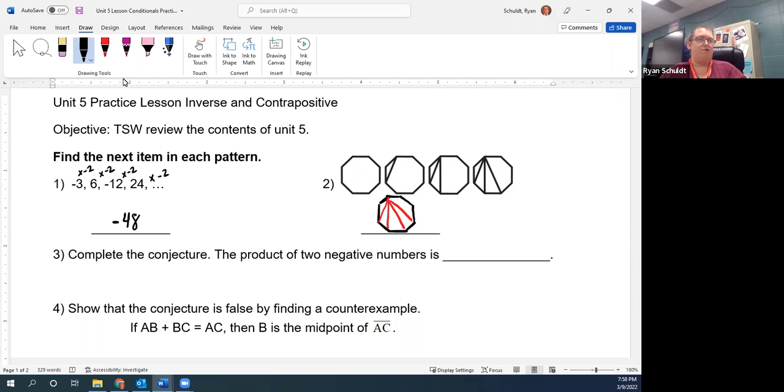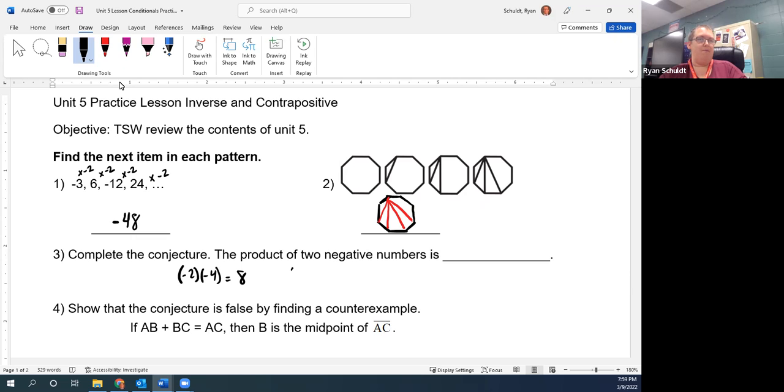Okay, complete the conjecture. The product of two negative numbers is blank. I need to try all kinds of possibilities, both even and odd numbers. They have to be negative, but I'll need to do even times an even, odd times an odd, and even times an odd, and then see what I find in common. So let's do two even numbers. Negative 2 times negative 4 gives us positive 8.